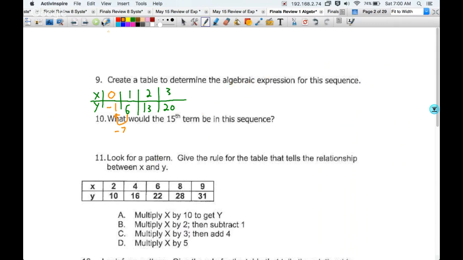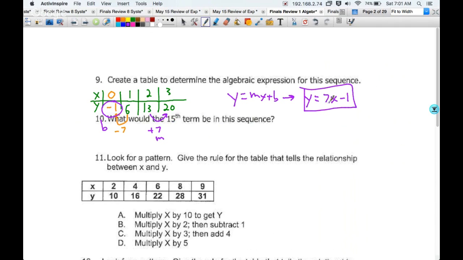Now, I need an algebraic expression. So this -1 is good because that gives me my b. And the fact that I have to add 7 each time gives me my m. So y equals mx plus b becomes y equals 7x minus 1. What would be the 15th term of this sequence?